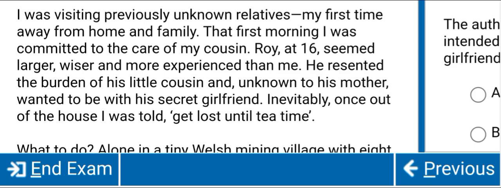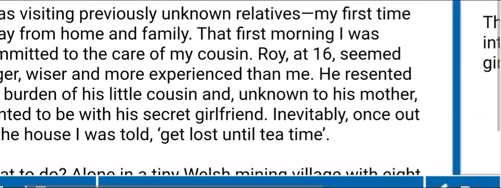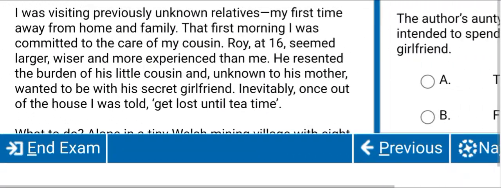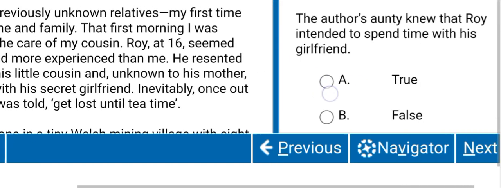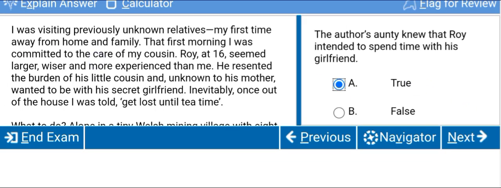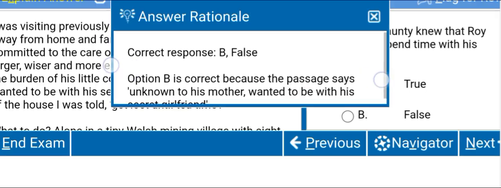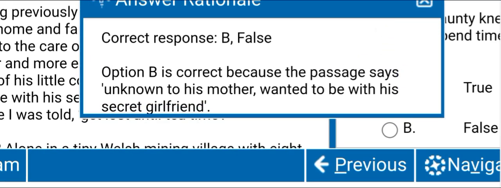So here we have Roy, you can see, and the girlfriend also. So we can read this passage now and find out what we can get from it. Is it true or false? So option B is correct because the passage says, unknown to his mother, he wanted to be with his secret girlfriend.